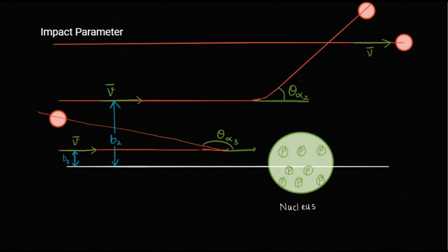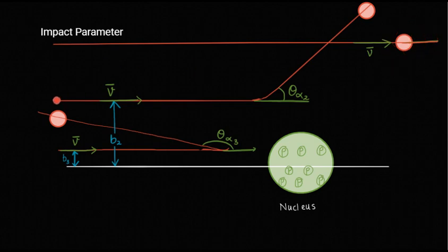If this green arrow represents the direction in which the alpha particle should move, and this red arrow shows the direction in which it is actually moving, what is the angle between them? Zero. So the larger the impact parameter, the smaller will be the impact on the alpha particle, and the smaller the scattering angle.